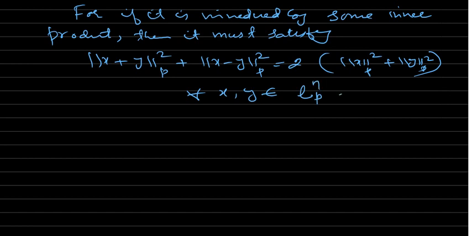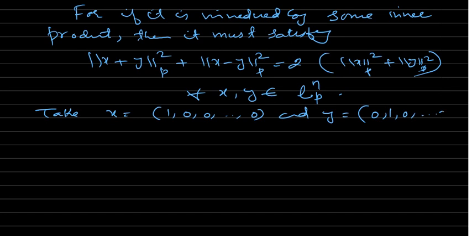So this should hold, but if we take x equal to this tuple and y equal to this tuple, then let's calculate this first and then we calculate this. We will see that both are different.